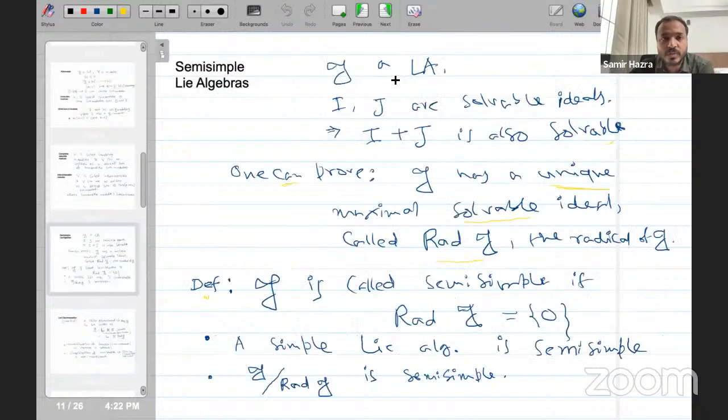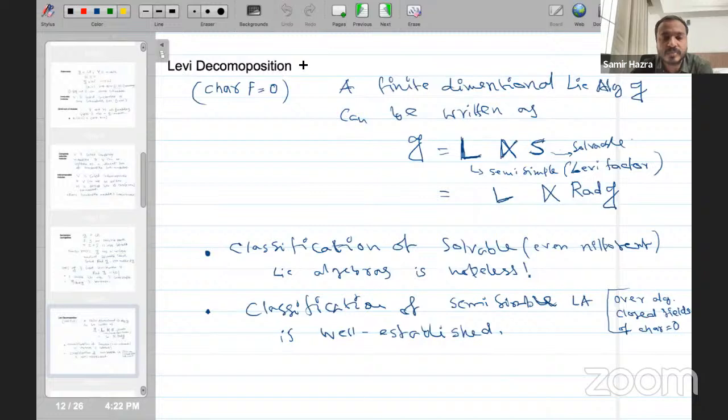Also, once we know which are semi-simple Lie algebras and which are solvable Lie algebras, there is this big theorem. Again, you will not see the proofs here. So, if you consider characteristic zero fields and any finite dimensional Lie algebra G, then G is just a semi-direct product of two Lie algebras. One of them is solvable, and this is semi-simple.